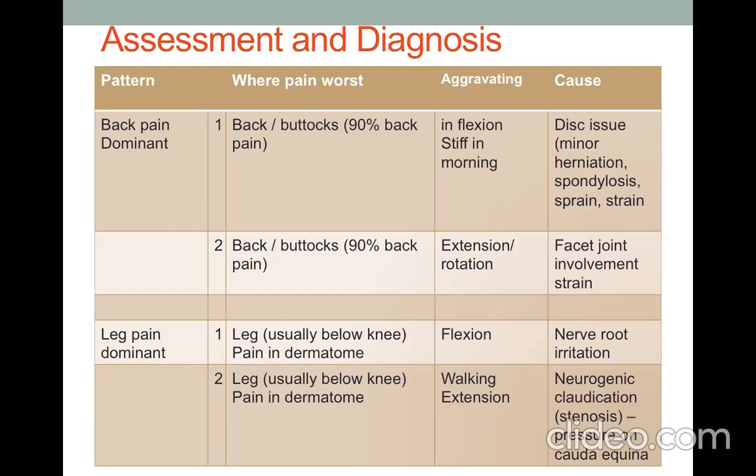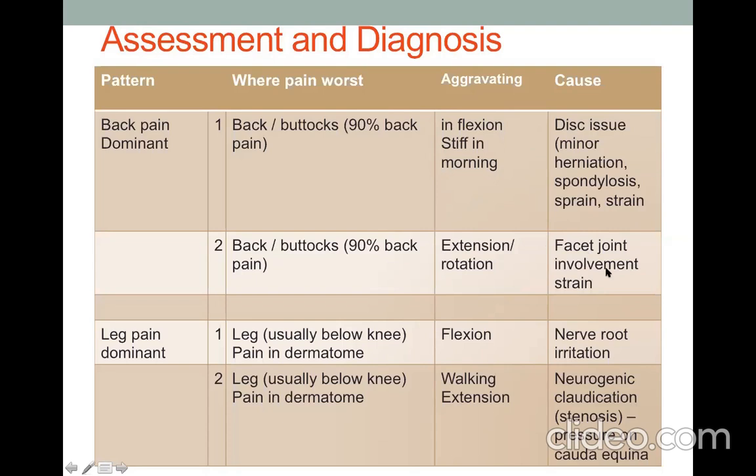So this is back pain dominant where the pain is in the back as well as the glutes. Now, if the patient has pain typically on flexion, then these are the causes. And if this pain, which is predominantly in the back, happens only on extension, basically it is facet joint involvement.